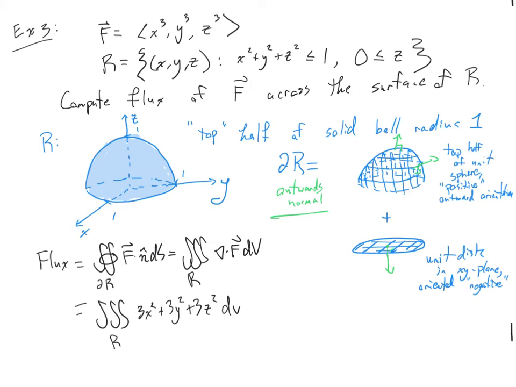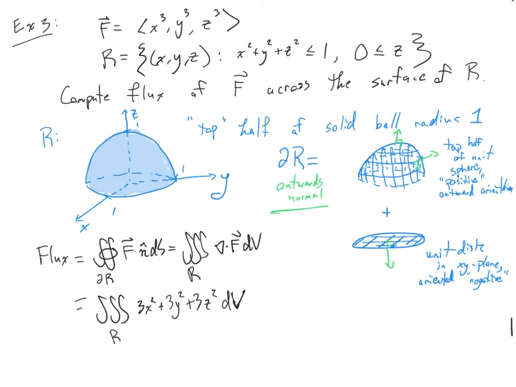In fact, I look at this and I say, hey, I'm in a solid ball. That's a region that I can describe using spherical coordinates, and x squared plus y squared plus z squared is rho squared. So turning this into spherical coordinates is the way to go. Here's a big dV. So let's do that.